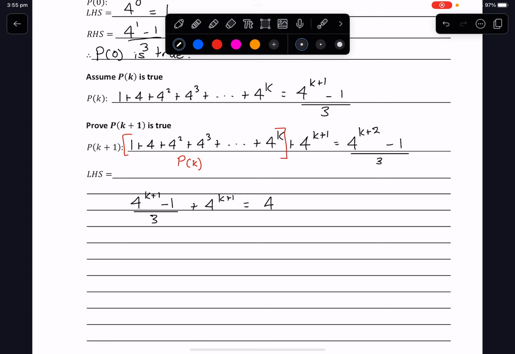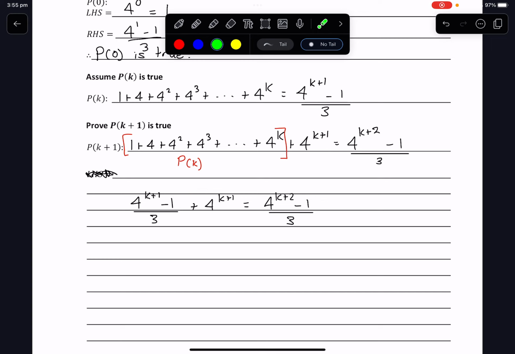And we say that is equal to 4 to the power of k plus 2 take 1, all over 3. Now, this is getting a little bit more complex, but I've just ignored this little bit here for now, and I'm going to solve both sides simultaneously.